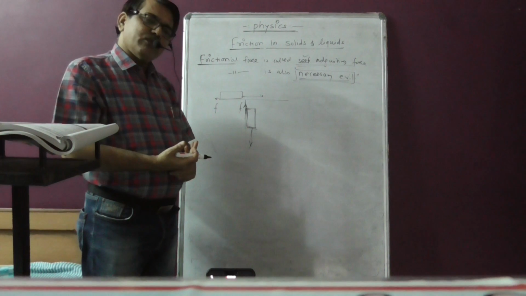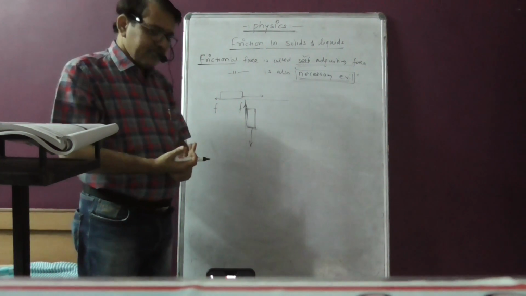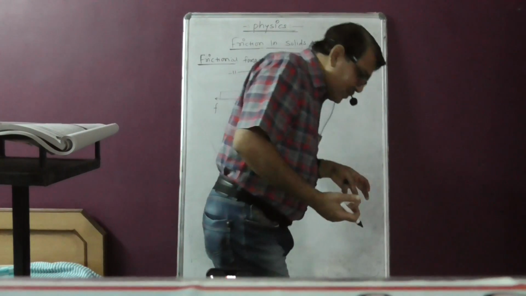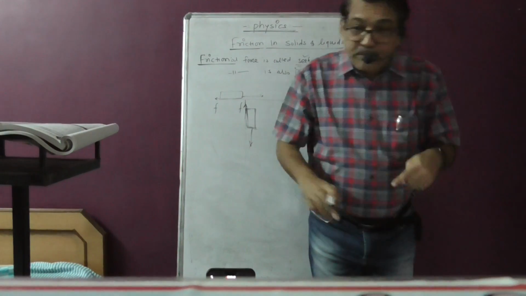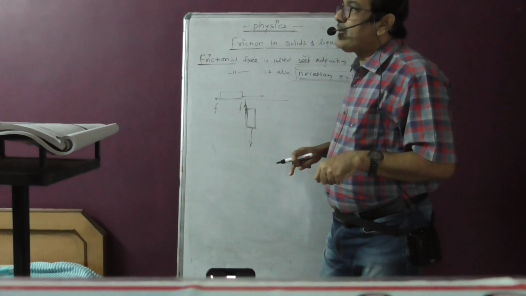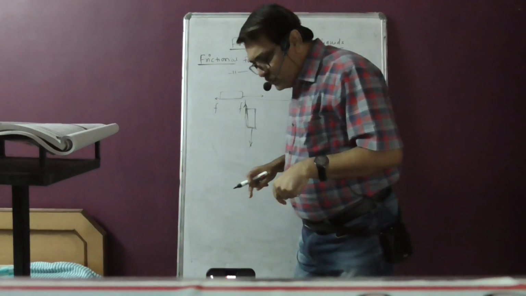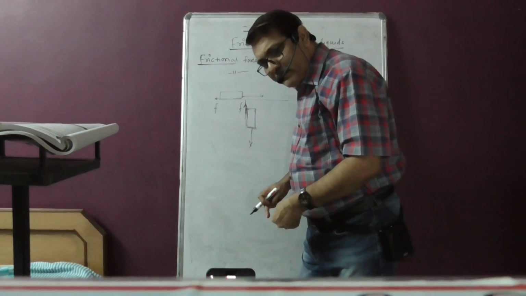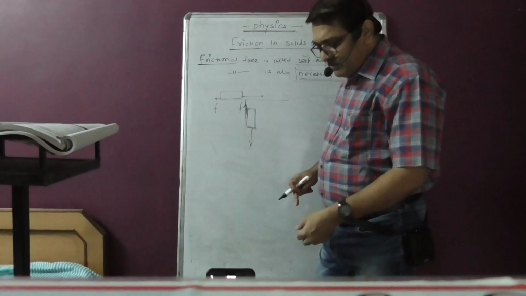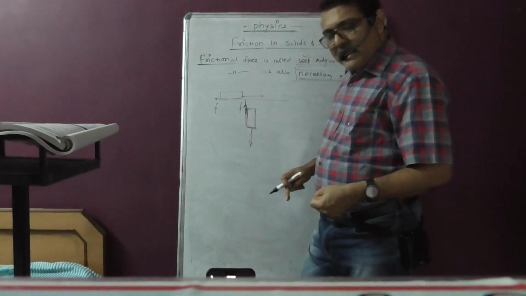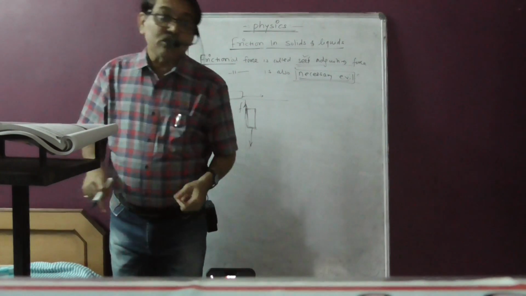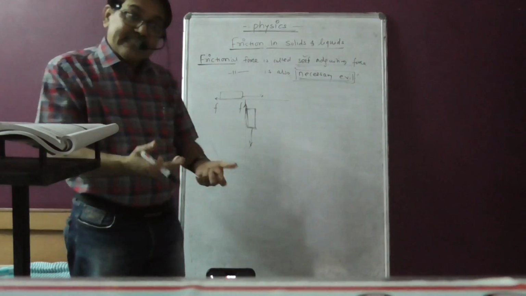In day-to-day life the force of friction is very important for us, because we are able to walk on the earth's surface because of it. When I apply force on the ground, because of the roughness of the two surfaces, the ground and our shoes, there is interlocking going on, and therefore we are able to walk properly because of the force of friction. Therefore it is necessary.